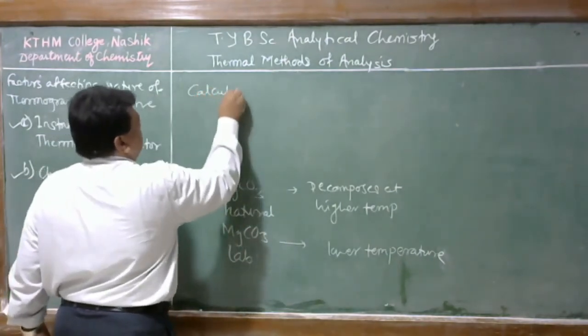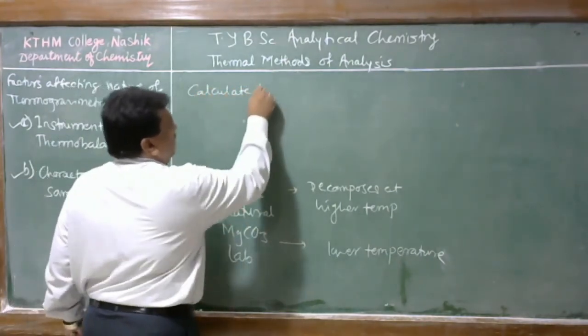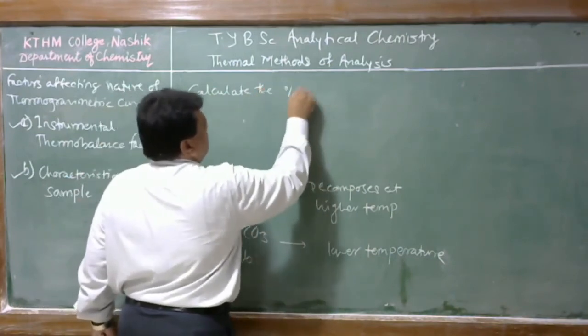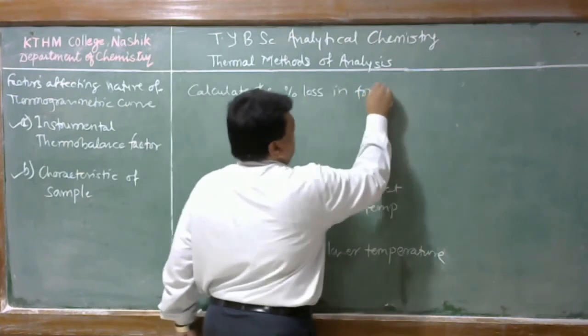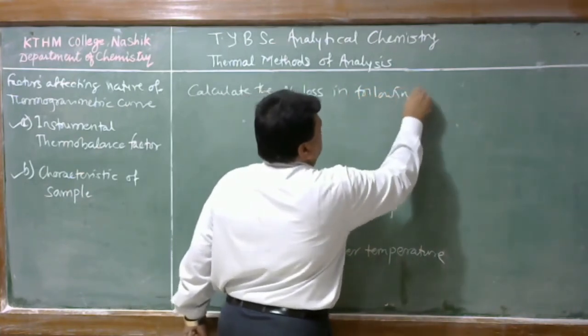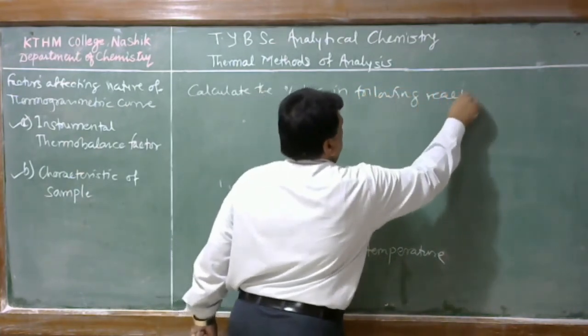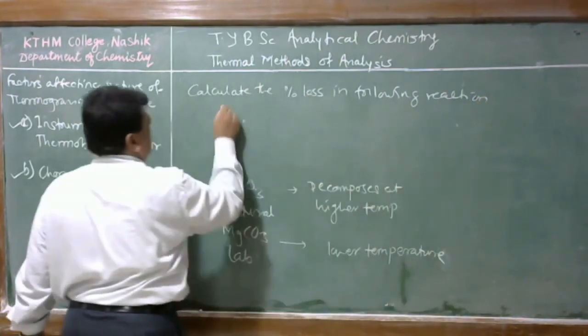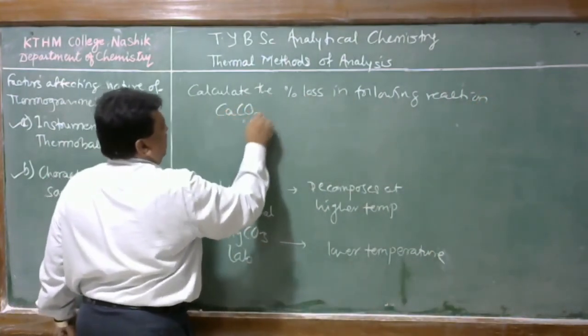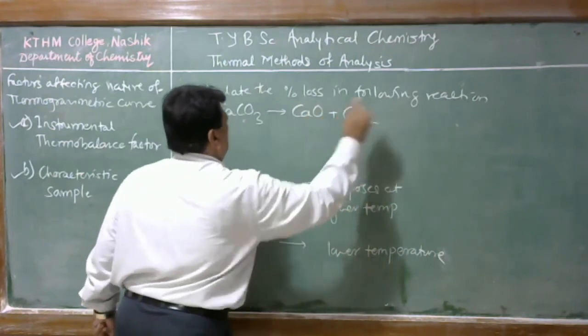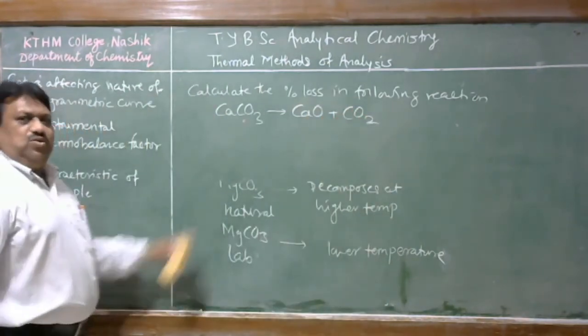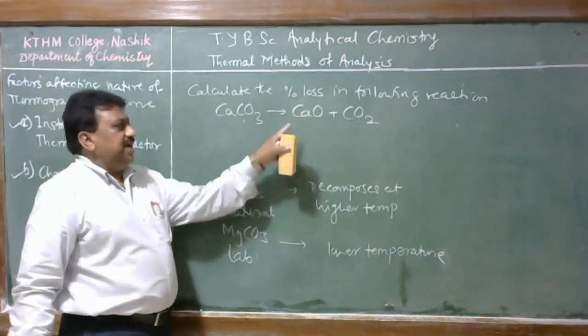Calculate the percent loss in the following reaction: CaCO3 gives CaO plus CO2. We have to find out the percent loss in this reaction.